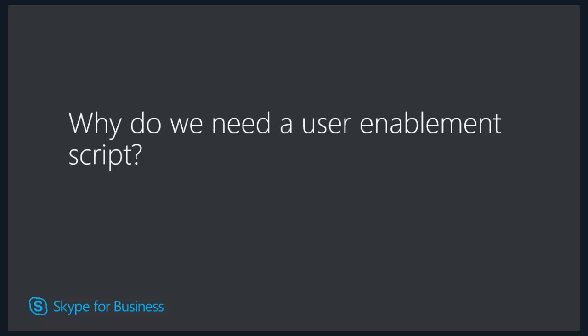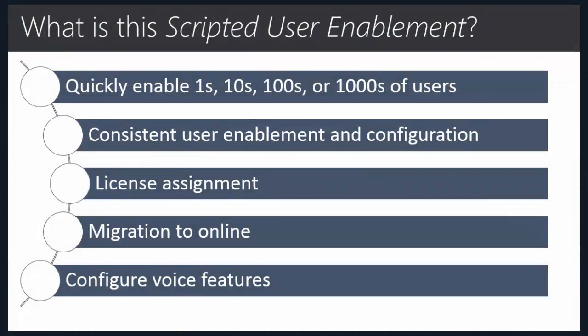So why do we need a user enablement script? There's a number of reasons. One, it will take a lot of clicks if you're to try and go and enable hundreds or thousands of users within the portal. The portal is fairly intuitive, but you'd have to go through and do a license assignment, and then you'd have to go through and enable users, set locations, enable features.